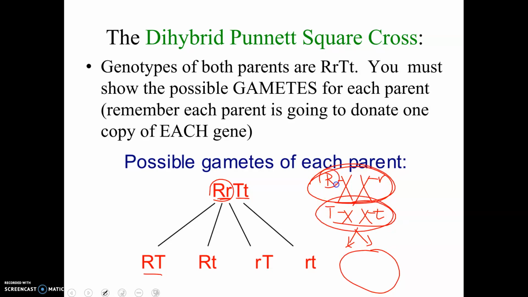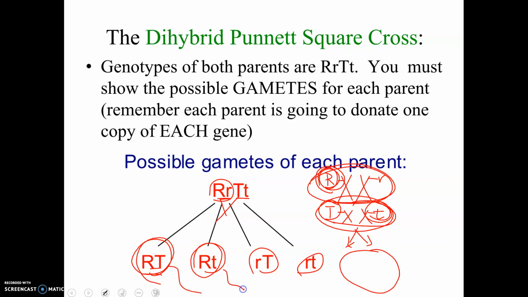It could be the chromosome with big R and the chromosome with big T. Here's that possibility. It could be the one with big R and the one with little t. Here's our second possibility, and so on. So this is our third, this is our fourth. These are all the possible combinations during meiosis when this gives 1 copy of R and 1 copy of T. You cannot put the R's together or the T's together. We're talking about making sperm and egg here.